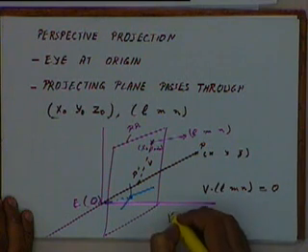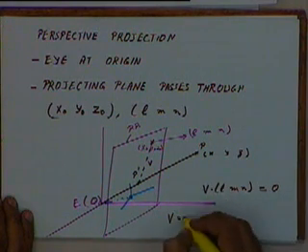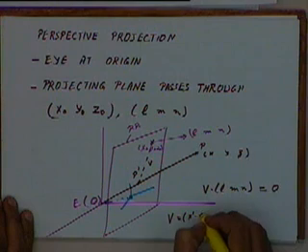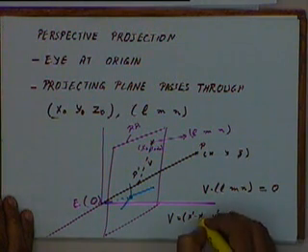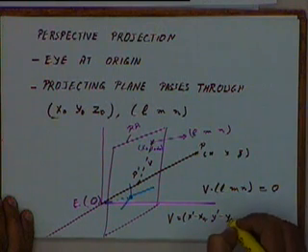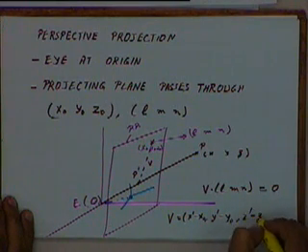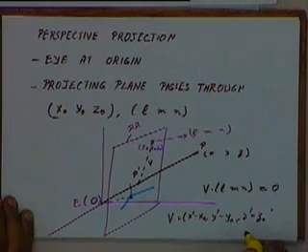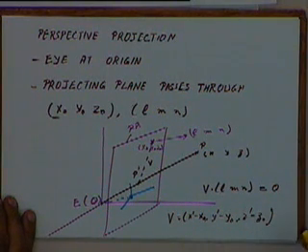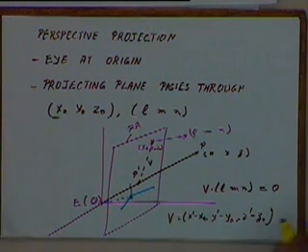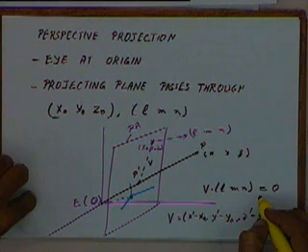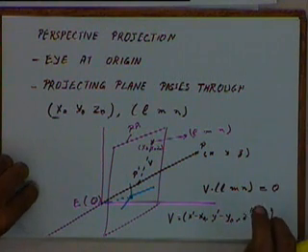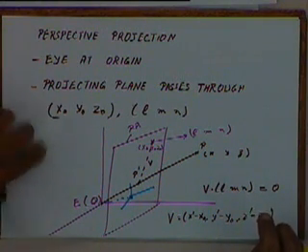And what is this vector V? Vector V will be x prime minus x naught, y prime minus y naught, z prime minus z naught. So if we consider this vector V and its dot product with LMN, that has to be equal to 0.